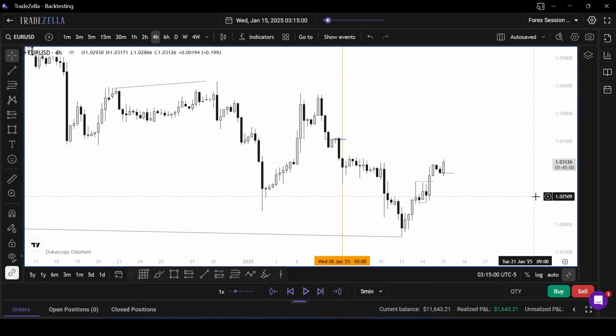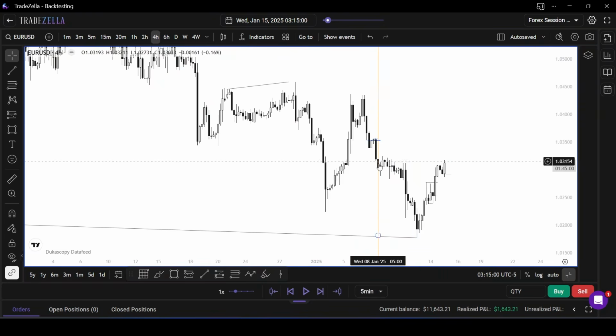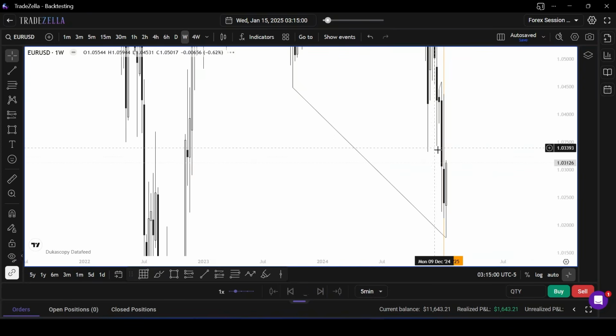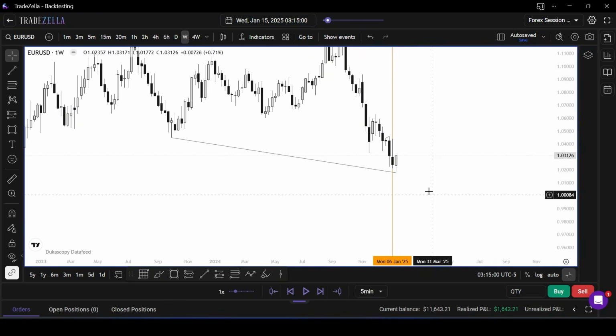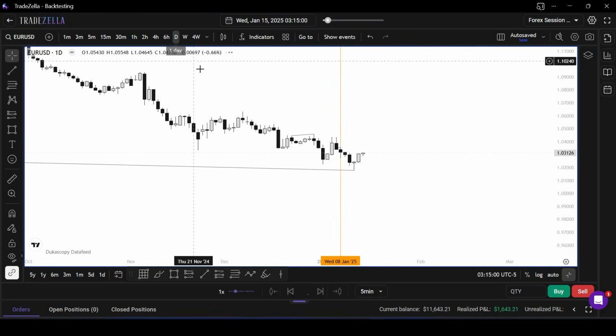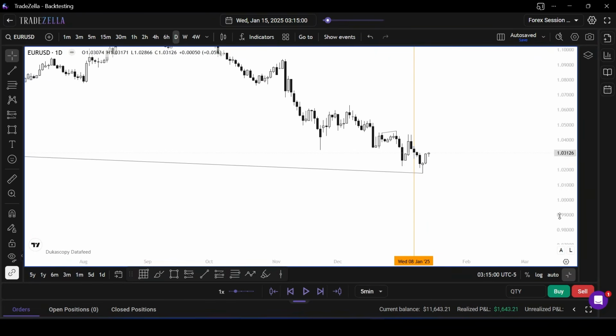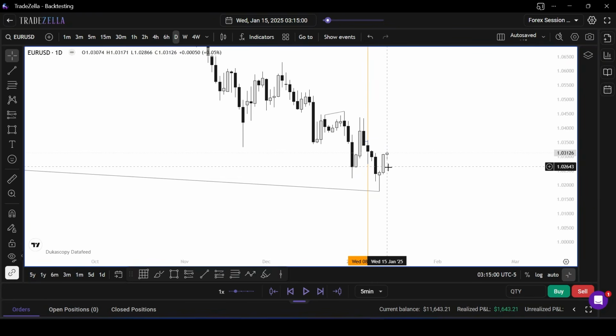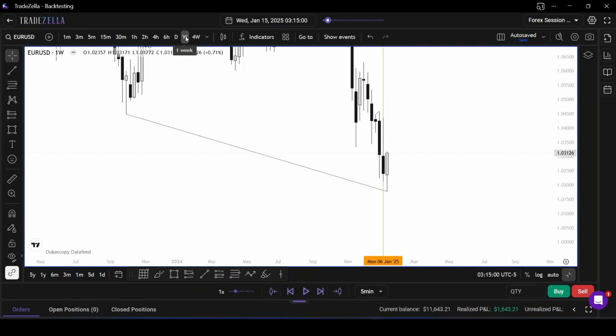And if you are struggling with directional bias on the 4-hour time frame, take a look at the weekly time frame or the daily time frame and everything will become clear to you. And if you are confused with directional bias on the daily time frame, take a look at the weekly time frame or potentially the monthly time frame, and you will understand what price is doing.